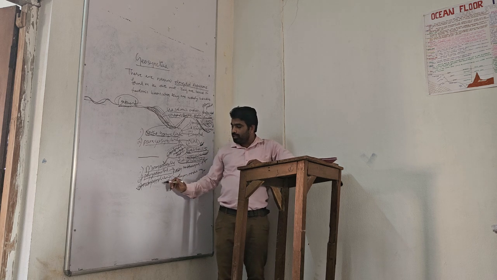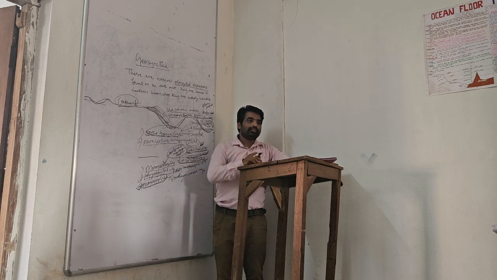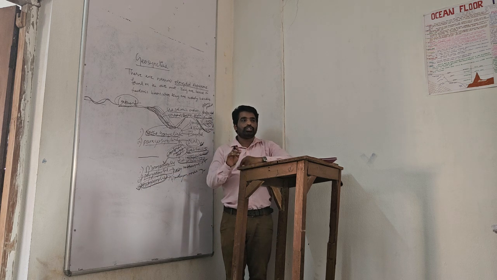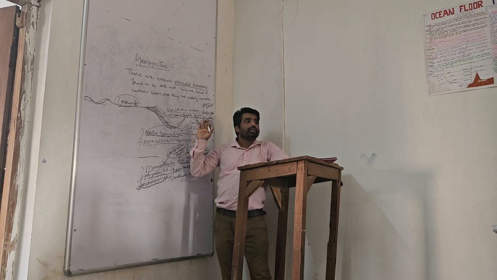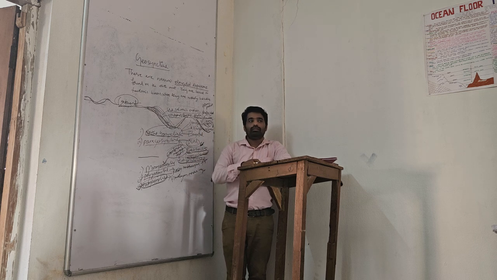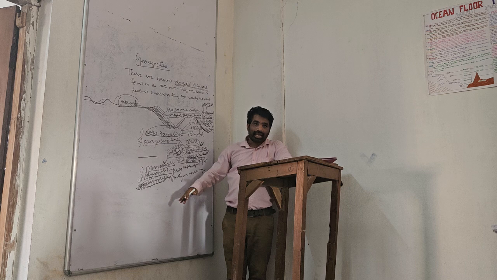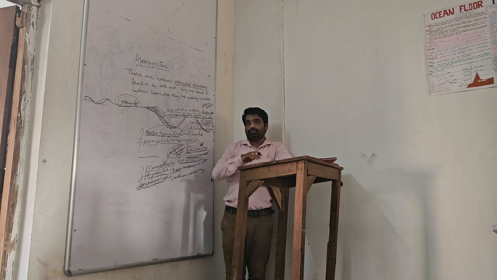So the Himalayan mountain range is a mesogeosynclinal type of geosyncline or mountain range. Basically, geosyncline is very helpful for the mountain formation process. These are the different types of geosyncline we can find on the earth crust.